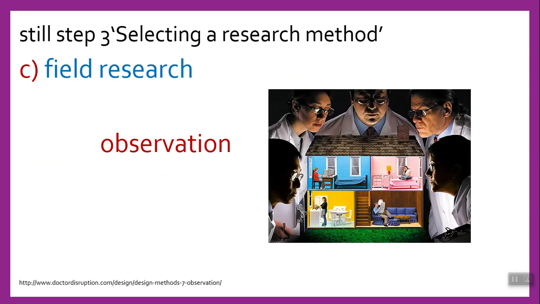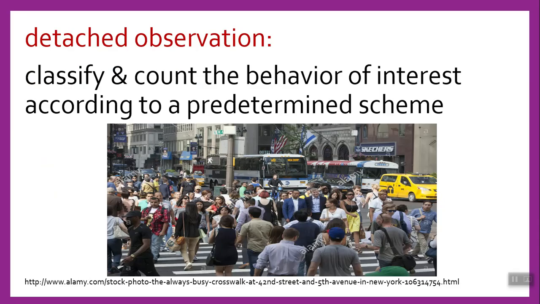So when a researcher goes into the field, whether that field is a hospital or a school, outside a police station, a mall, wherever it may be, the researcher in a field study wants to use detached observation. And all this means is they are simply recording information.